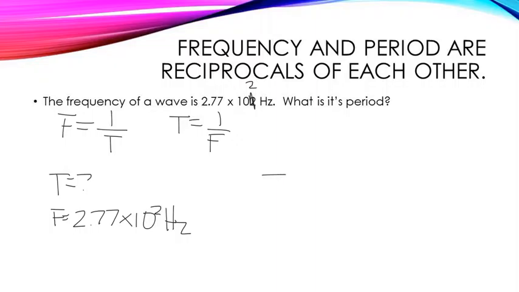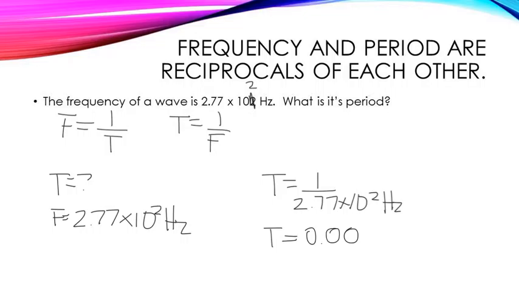So we sub in T equals 1 over 2.77 times 10 to the power of 2. And when I plug that into my calculator, I end up getting 0.00361.